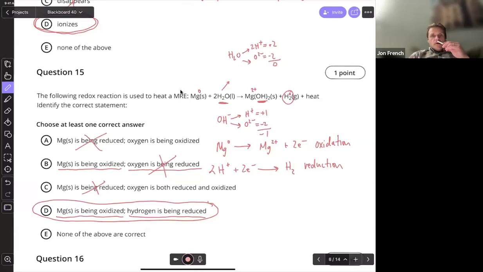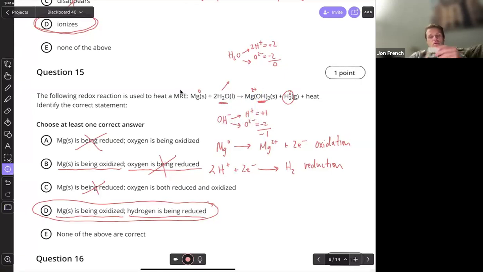Yeah, Olivia, we can still assign charges, right? Pure elemental solids are always 0. We can assign charges within water just knowing that the total charge has to equal the charge on the molecule. So water is neutral. Same thing here.